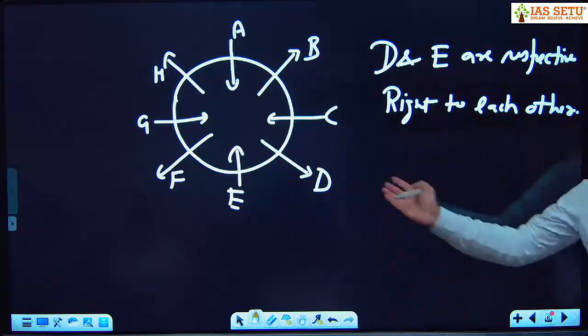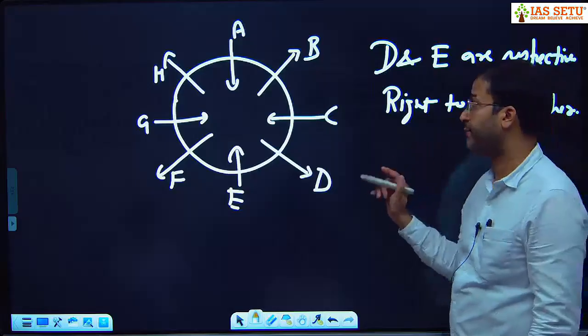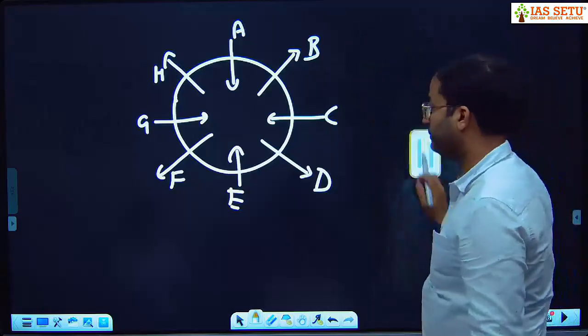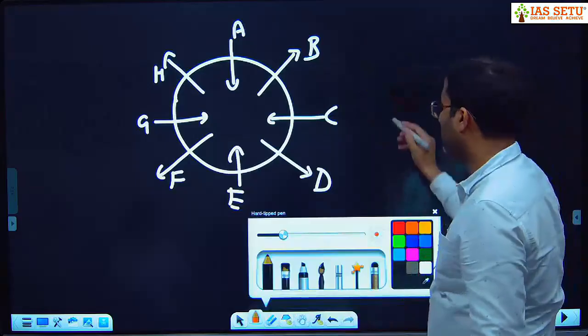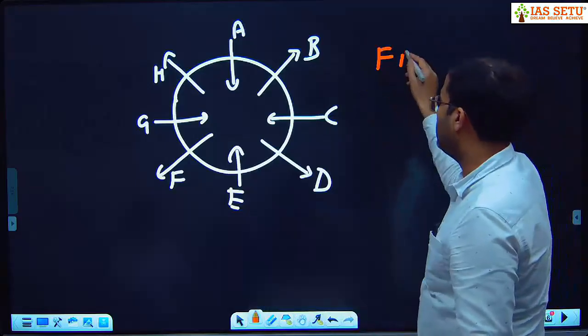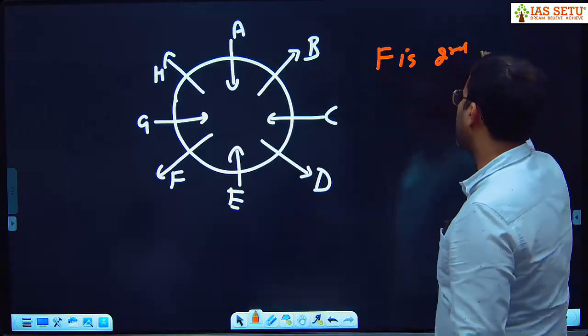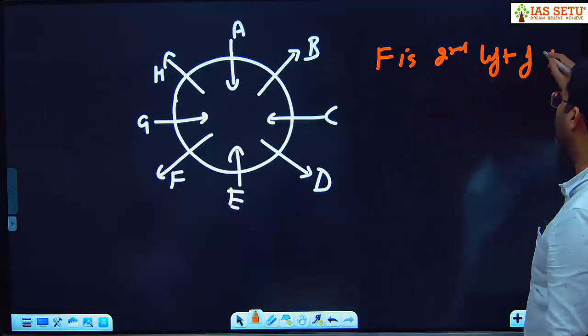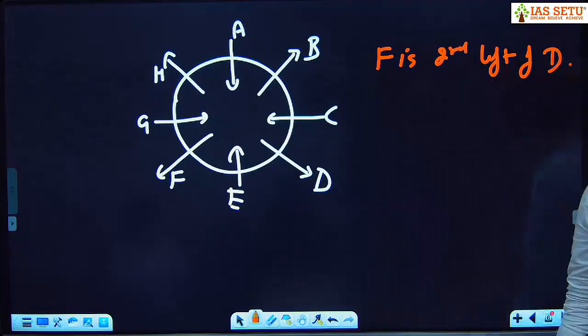Correct? E is on D's right, and D is on E's right. Now next statement. F is second left of D. F is second left of D. Correct or wrong?